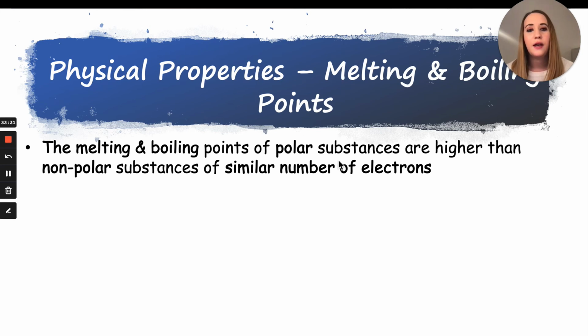If you have a polar substance with polar molecules, they generally have higher melting and boiling points than non-polar substances, provided you're comparing substances that are similar mass, similar size, similar number of electrons. So remember, that would mean that their LDFs are similar in strength. Then if they've got similar LDFs, but there's a big difference in the melting and boiling points, it must be because there's some other intermolecular force involved that would cause that difference.